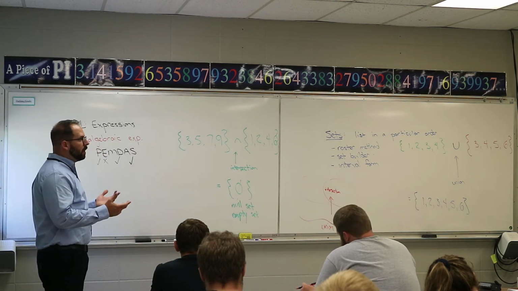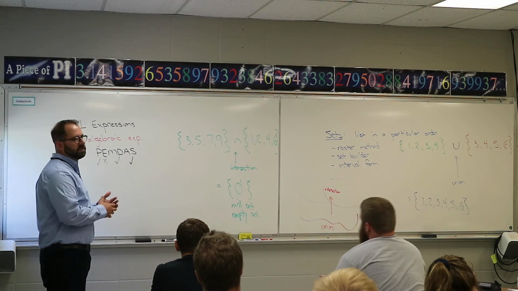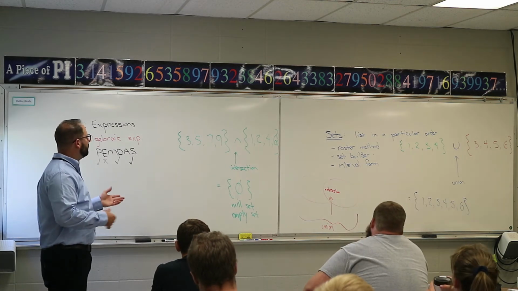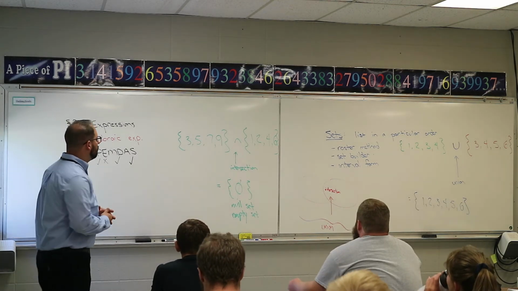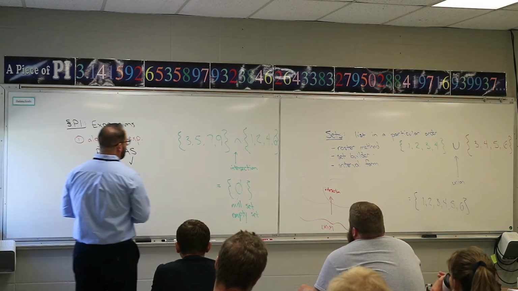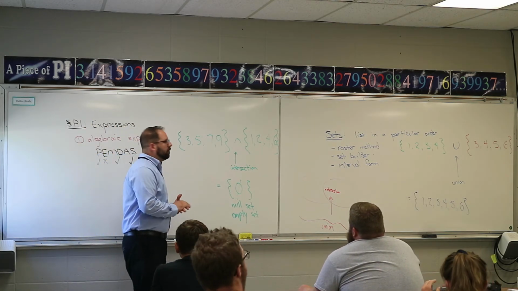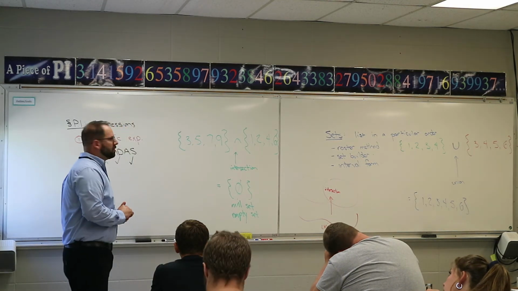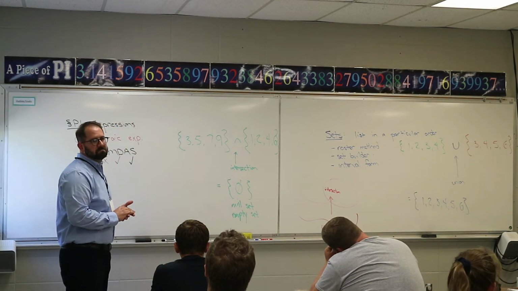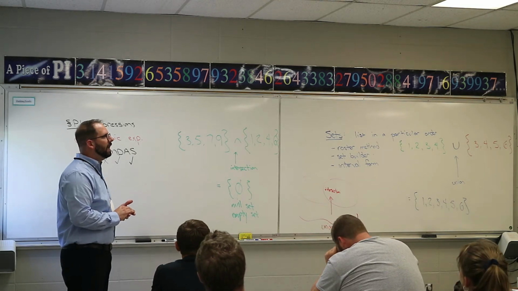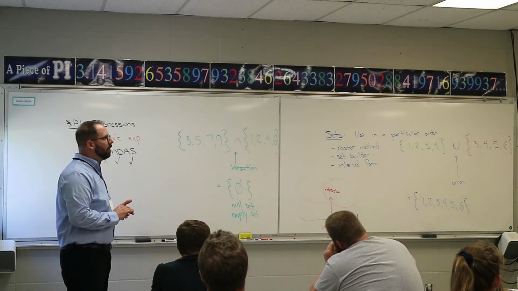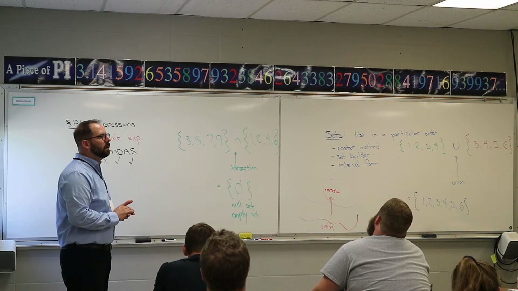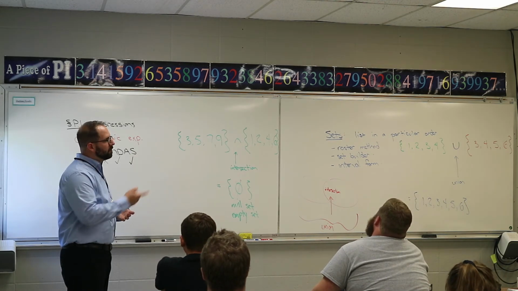Now, if it was a union, then you'd list all the numbers out: 1, 2, 3, 4, 5, 6, 7, 9. But for an intersection, where do they overlap? Do we feel comfortable with all the different types of problems that we have? Yeah. That's literally all your homework. I can't think of anything else you probably need to know. So there you go. There's your homework.